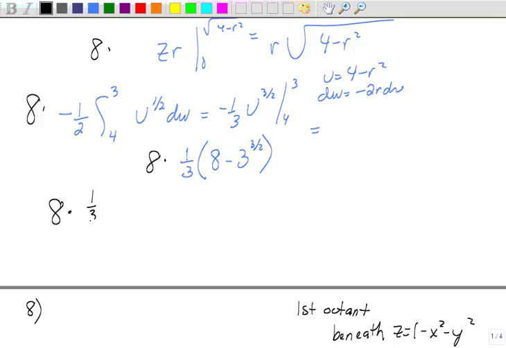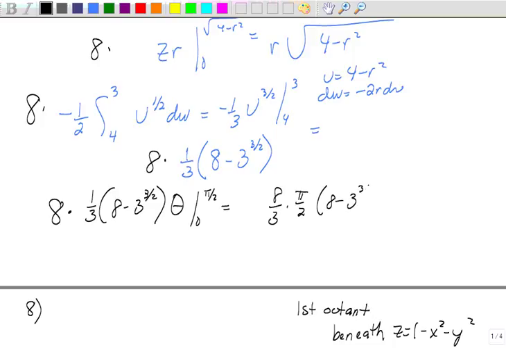And that's going to be that. So the integrals aren't that difficult to do.